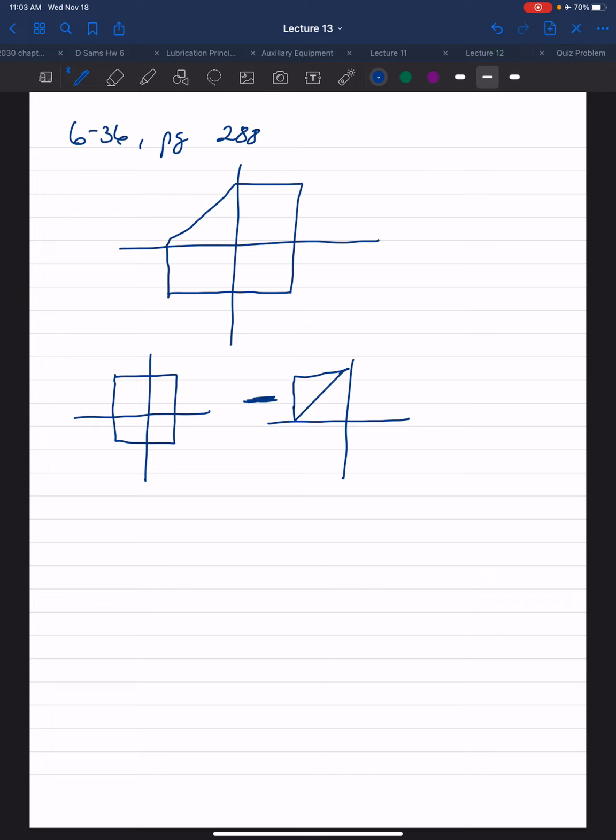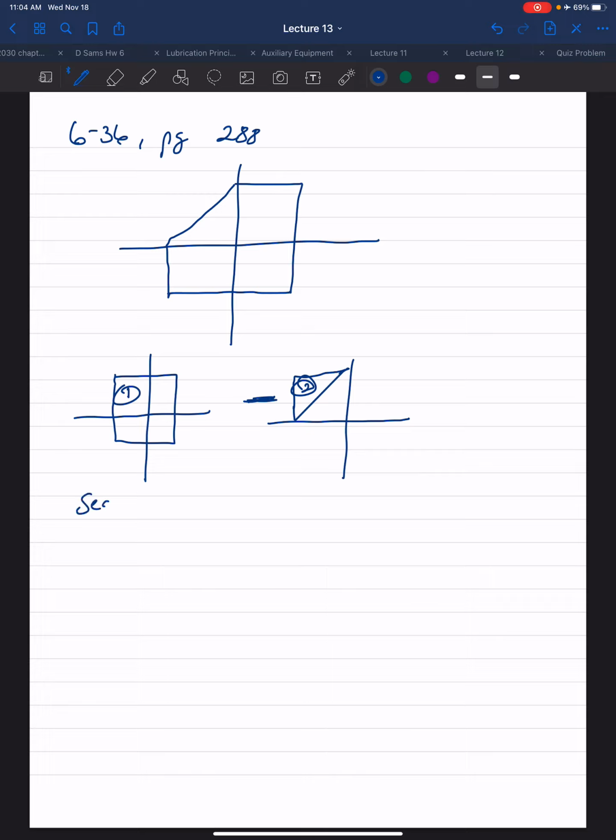So this would be segment 1 and segment 2. Well, if you want, you could do 3 squares plus a triangle. Just choose whatever is the easiest and clearest way for you to work the problem.